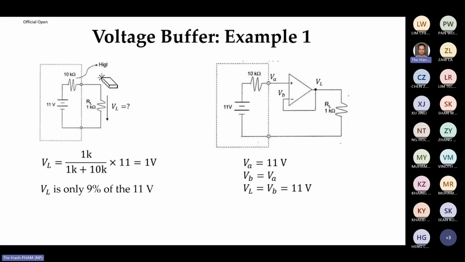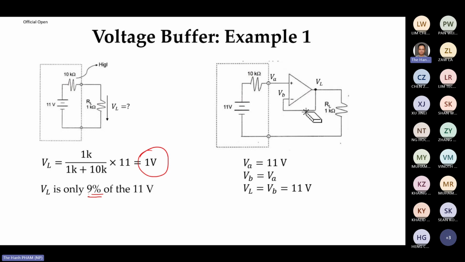And now imagine if you plug it into a subsequent subsystem where the input impedance is 1K, then the voltage you get for this guy is only 1 over 11 times 11, which is only 1 volt. And 1 volt is only about 9% of this 11 volt.